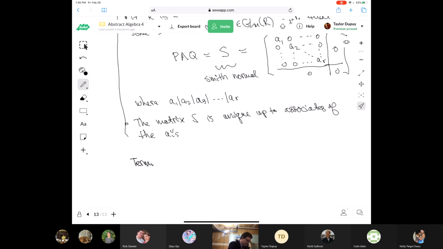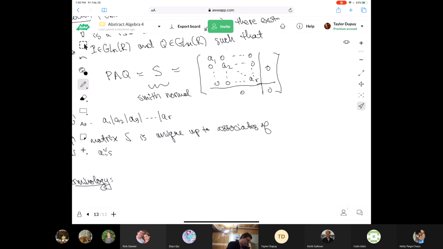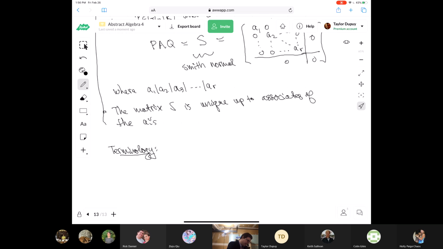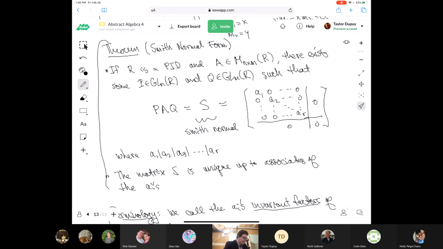Terminology: we call these AIs appearing as the diagonal elements the invariant factors of the matrix. So this is where our invariant factors come from.